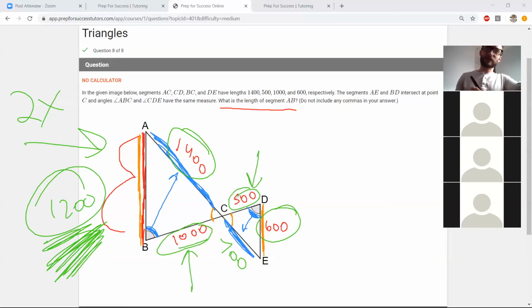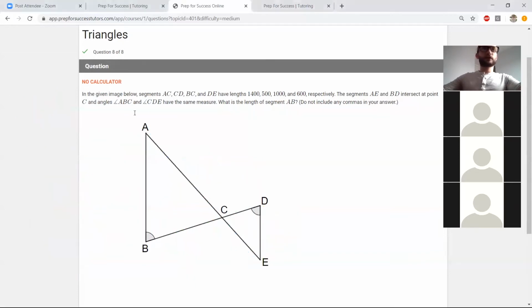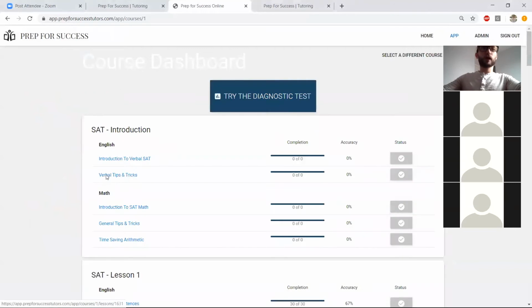So because 1000 is twice as big as 500, that means I know all the other sides are also twice as big. Okay, does that make sense? Okay, perfect. So that one's 1200, very good. So number 8, 1200. Let's move on to the next topic, that's triangles.